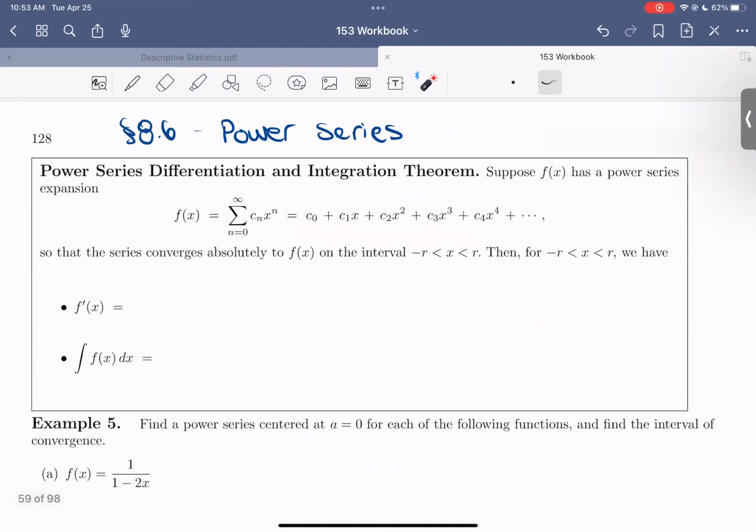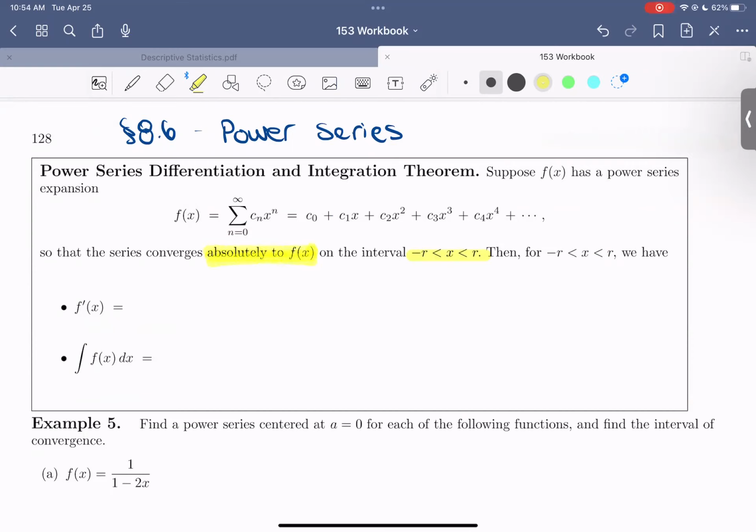It says, suppose f has a power series expansion given here. The power series expansion looks like the sum of cn x to the n, so that the series converges absolutely to f of x on the interval from negative r to r. That's the case we're in: it converges absolutely.